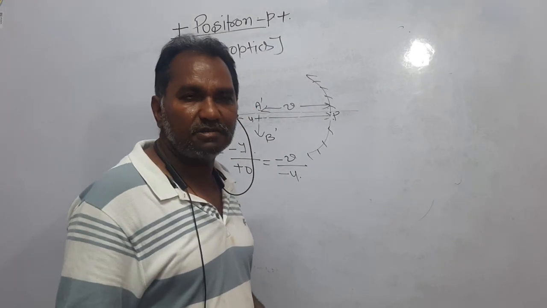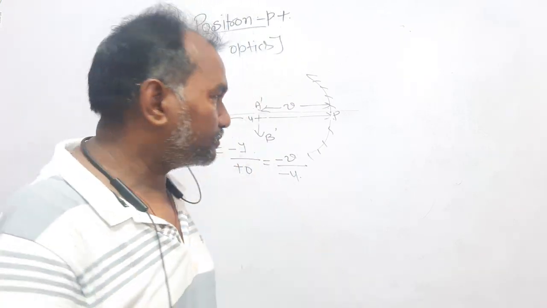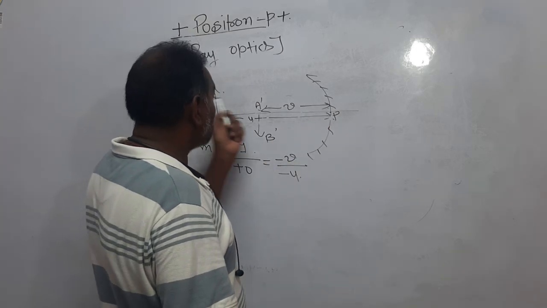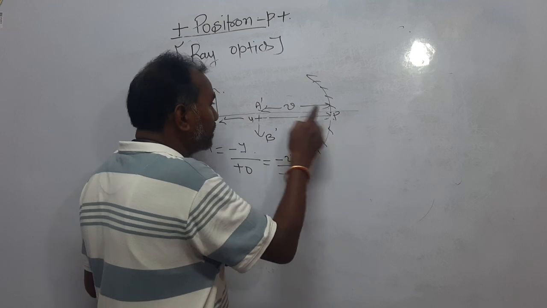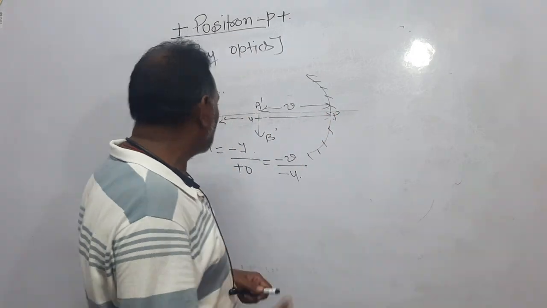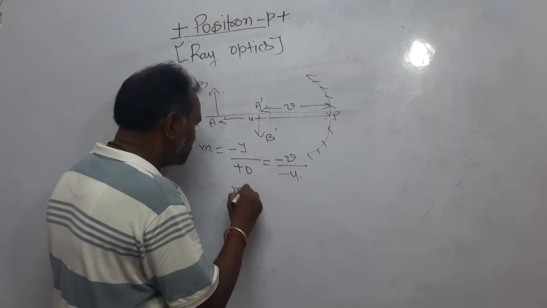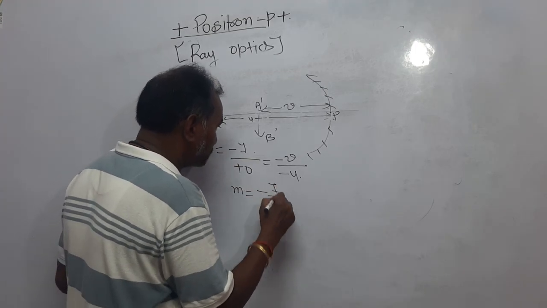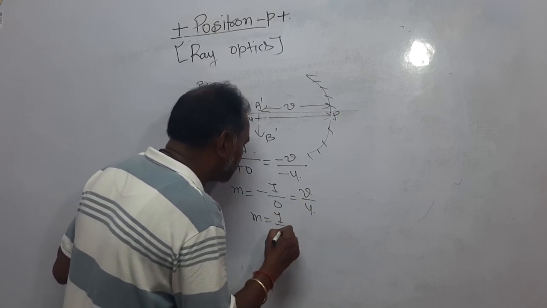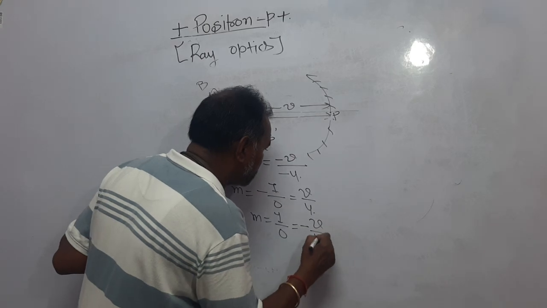Distance of image from the pole is v, distance of object from the pole is u. Both u and v, image and object, are left to the pole, so I have considered negative. Or you can say m is equal to minus I upon O, that is equal to v upon u, or you can say m is equal to I upon O, that is equal to minus v upon u.